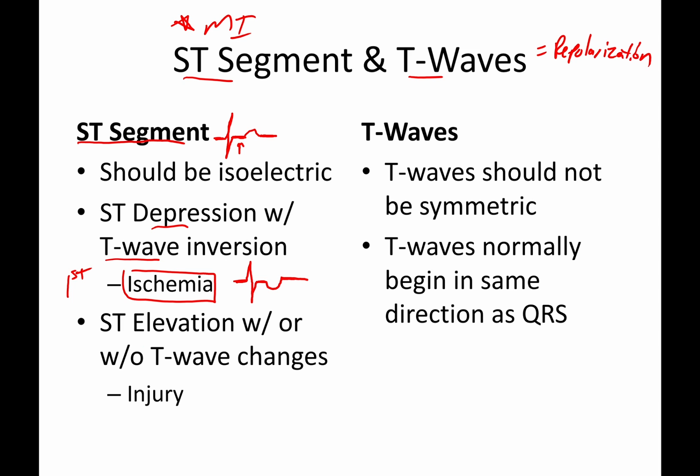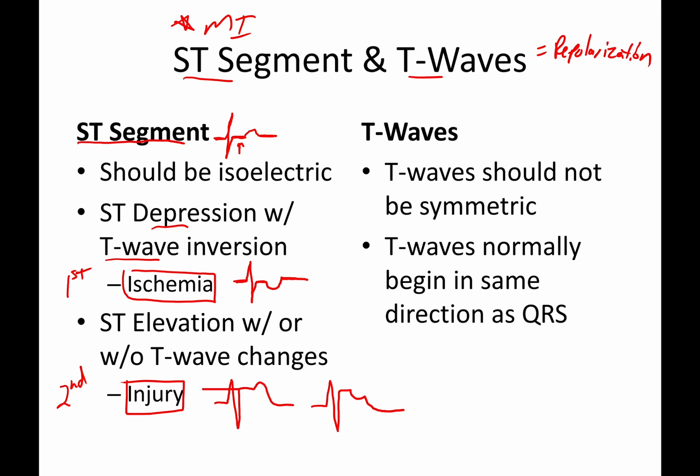Now, if you wind up with ST elevation, either with or without T wave inversion, that's likely a sign of injury. And so your injury is going to be your second stage.